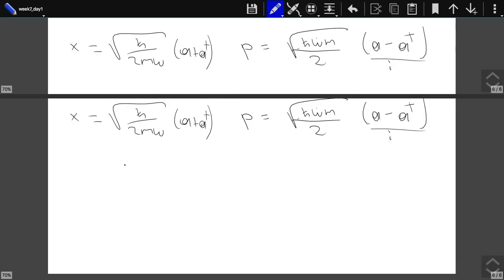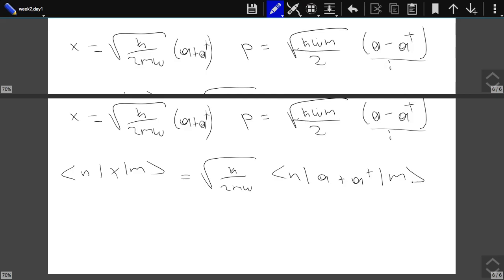Let's calculate their matrix elements now. M, X, N. This is equal to square root of h bar over 2m omega, and A plus A dagger. Well, A acting on n will lower the index by 1, lower the energy by 1 quantum. It's n minus 1.